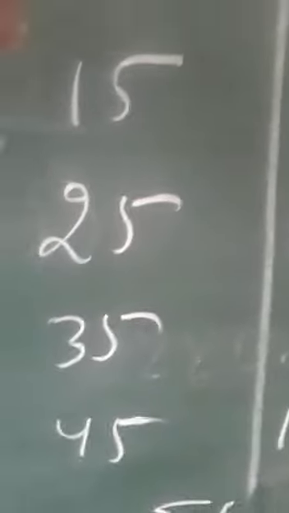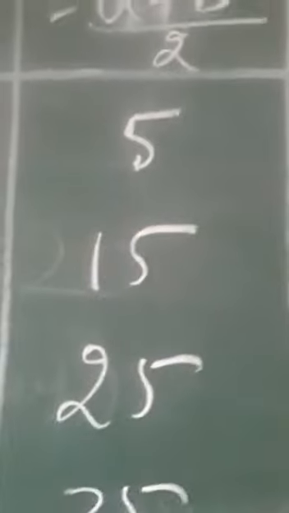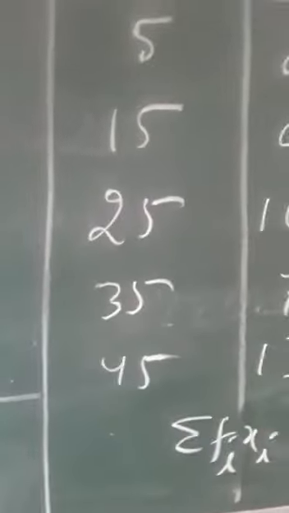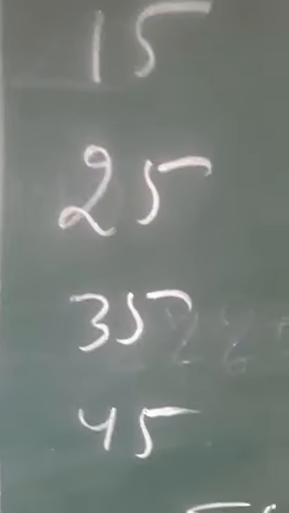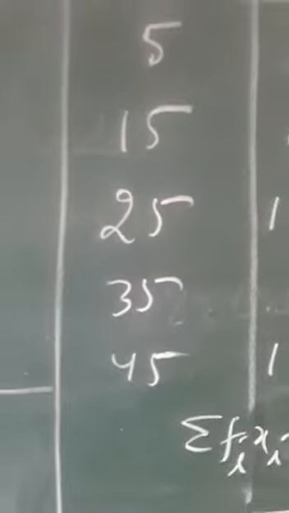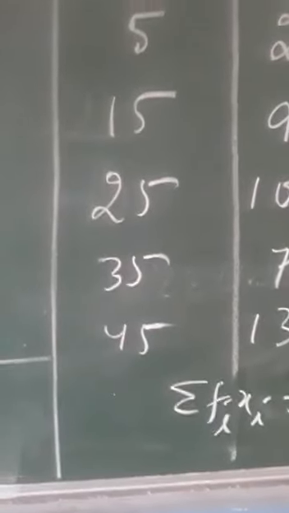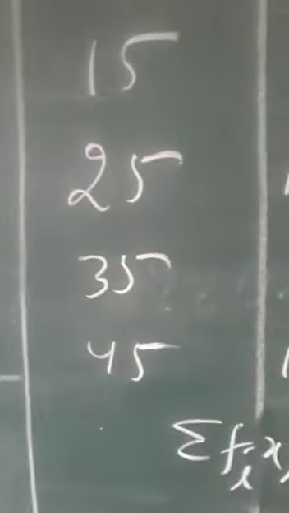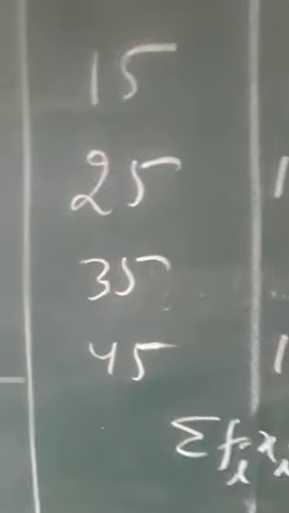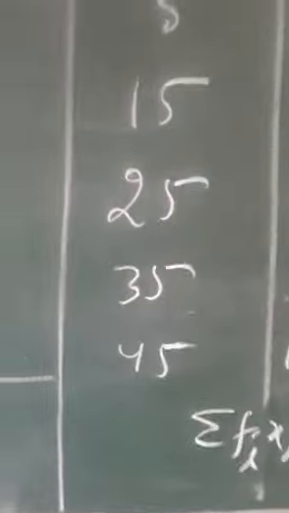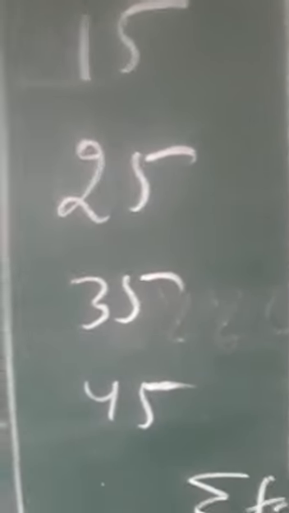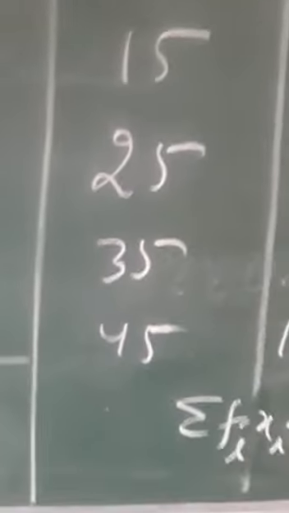The first class mark was 5. So by adding class size 10, we obtain the next class mark, that is 15. Then we can obtain the consecutive class marks, that is the values of xi, by adding 10 to the previous term. 15 added with 10 gives the next value. If we add 10 to 25, we get the next value.